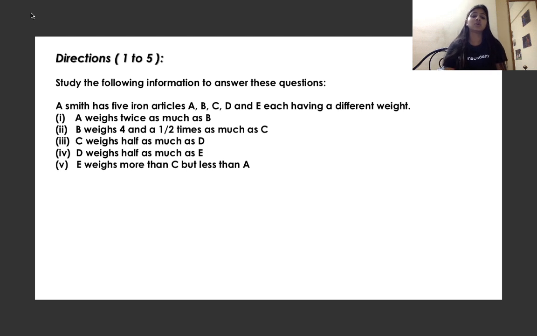Okay, note down whatever it says in the form of visual clues, like A weighs twice as much as B. So you can write A is equal to 2B. Okay, you can write equations like those and then we can answer the questions.